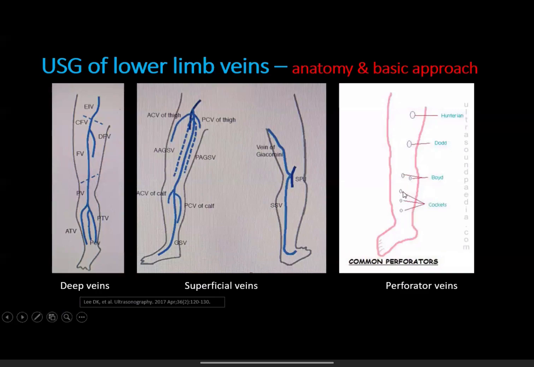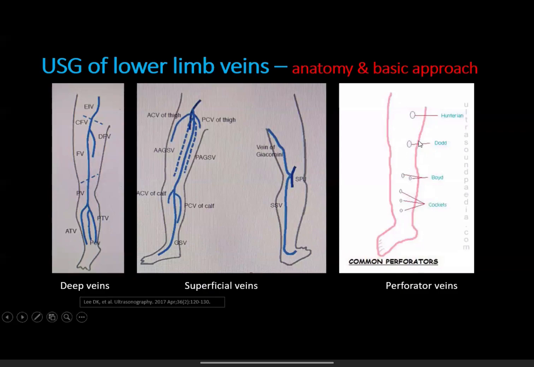So these are the lower leg, medial leg perforators, or we can call them Cockett's perforators. Then in the upper leg, just below the knee, we have anterior and medial perforators, which are known as Boyd's. These join the anterior arch vein and the posterior tibial vein and drain there.